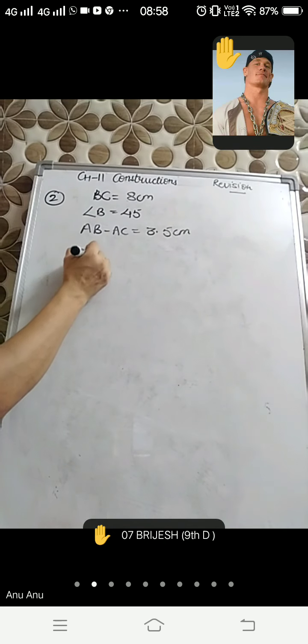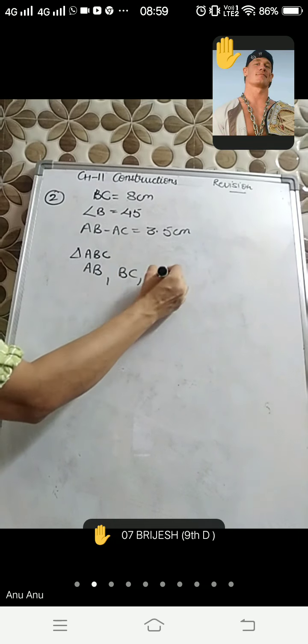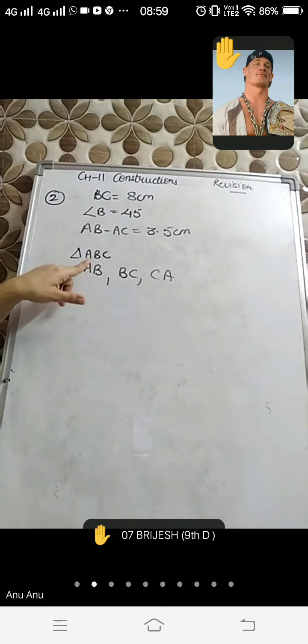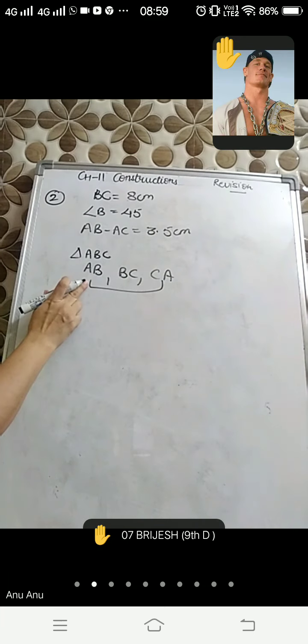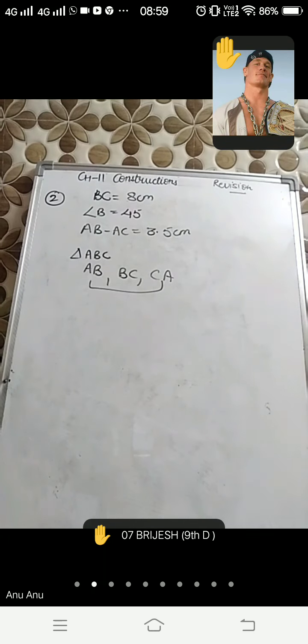The name of the triangle is ABC and the sides are AB, BC and CA. Check the order of the difference. AB minus AC. AB is at the first place and it is written at the first place, so that means order is correct. You can draw this exactly as the question number 1 and the last question of the same exercise.